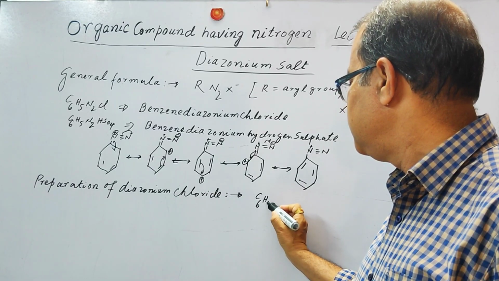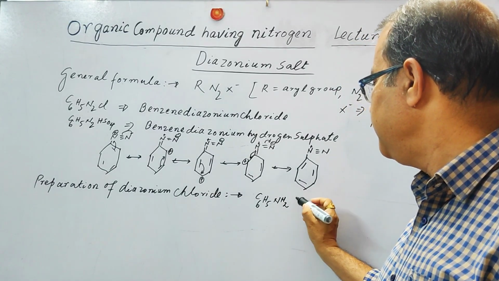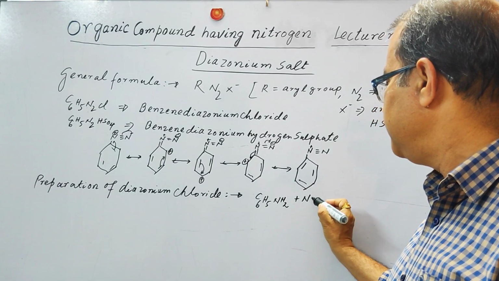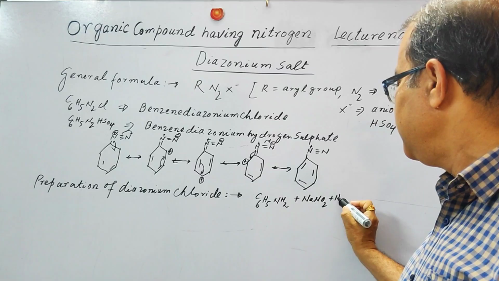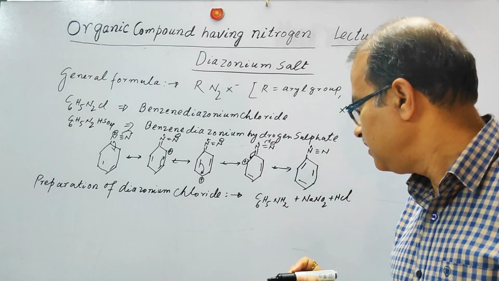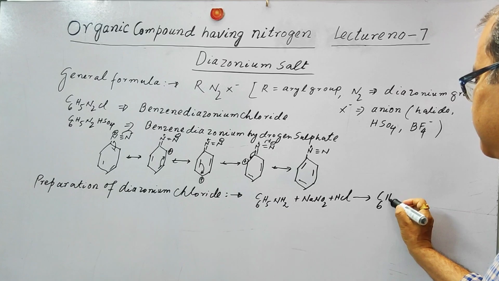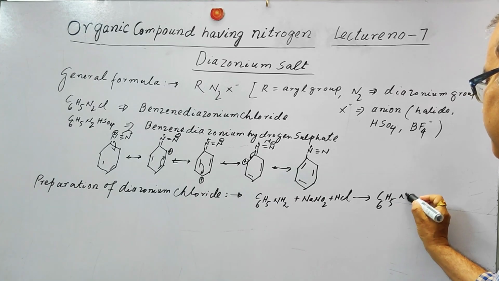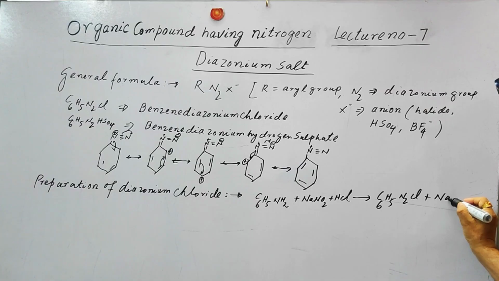This is the primary amine, here taken as aniline, which reacts with NaNO2 and HCl, and here C6H5N2Cl is prepared, plus NaCl and H2O.